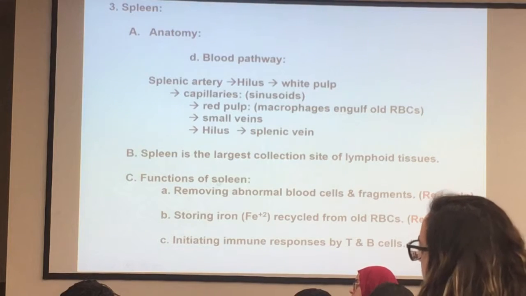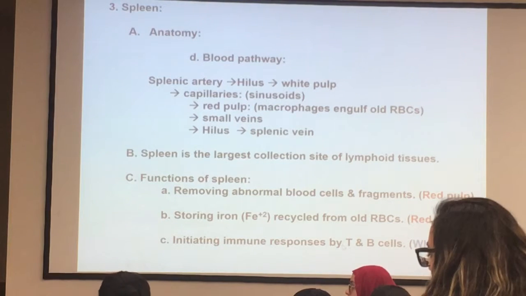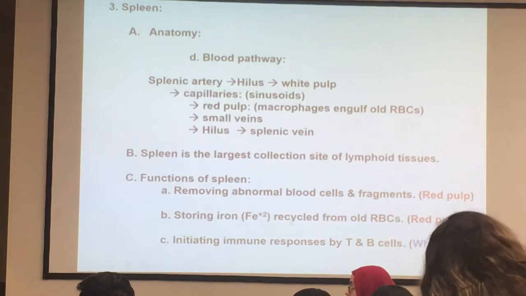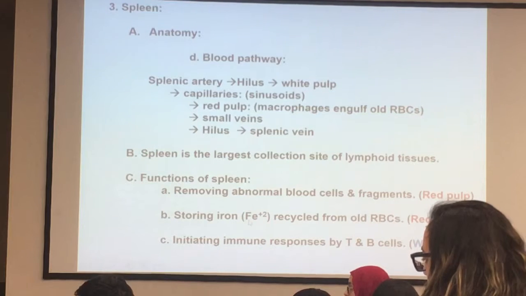Okay, one is immune function. Initiate immune function responsible by this T cell or B cell. They can also produce this big antibody. But two major functions: recycle red blood cell and can store this iron there and can remove it.